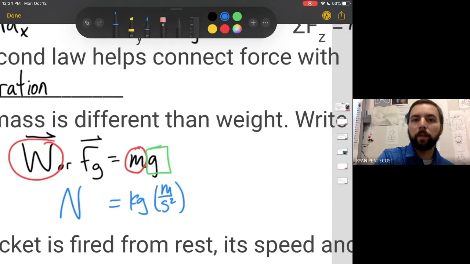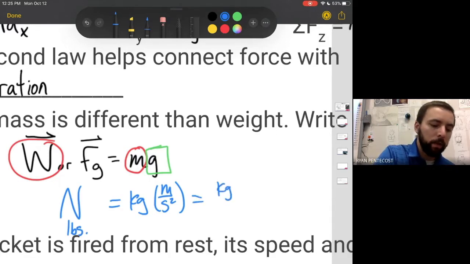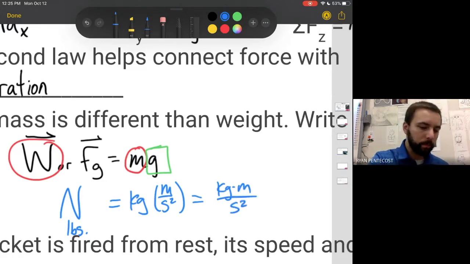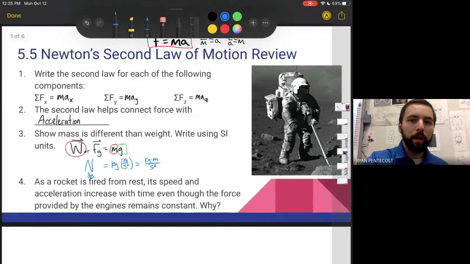You could also say weight is in pounds if we used empirical units, and that would also be over here. Pounds does not measure mass. This also shows us that a newton is a kilogram meter per second squared. So that's writing using the SI units.